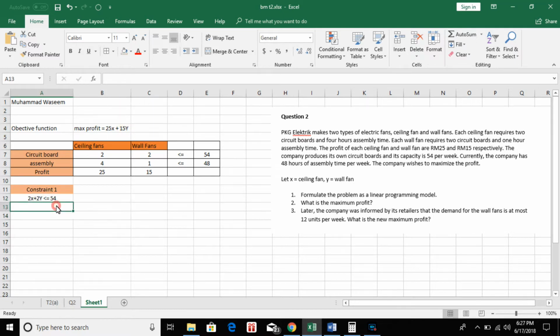54. So we are going to find x and y. First we put x equal to 0.